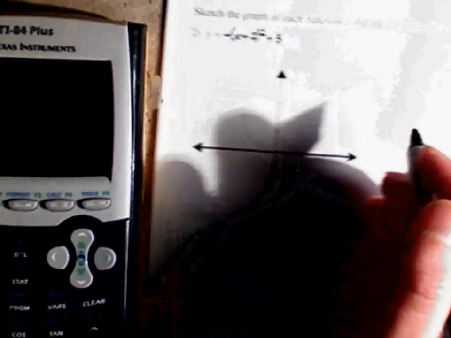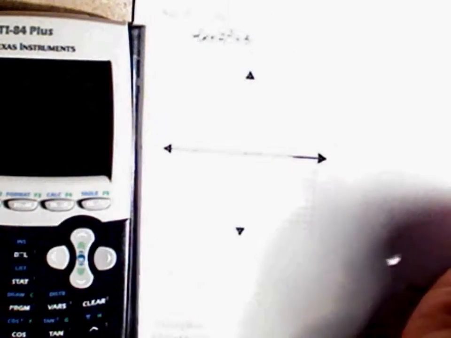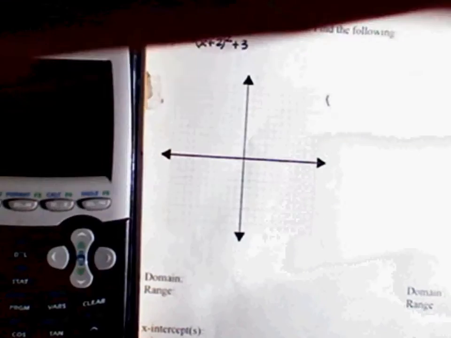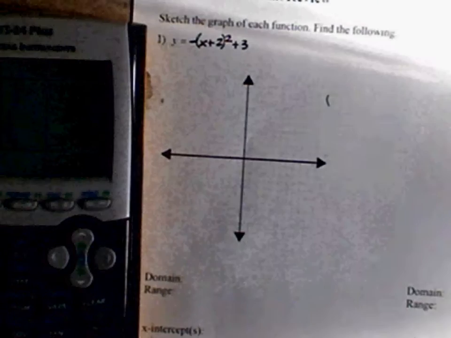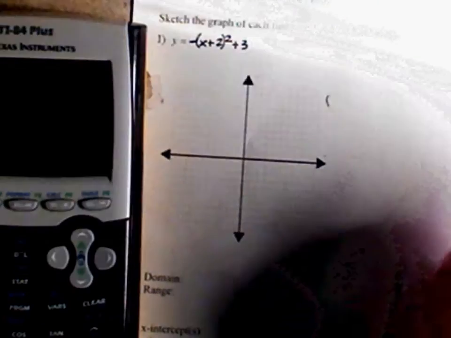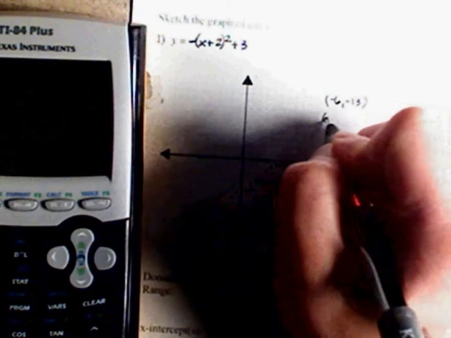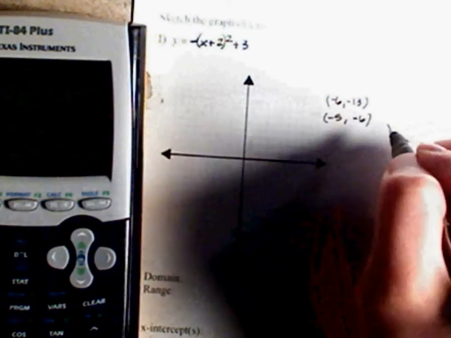Okay, plot those numbers. I'm actually going to write it down because I can't see it very well. All right, so here are some of your points. Hang on. All right, is that better? Okay, so here you have negative 6, negative 13, negative 5, negative 6.